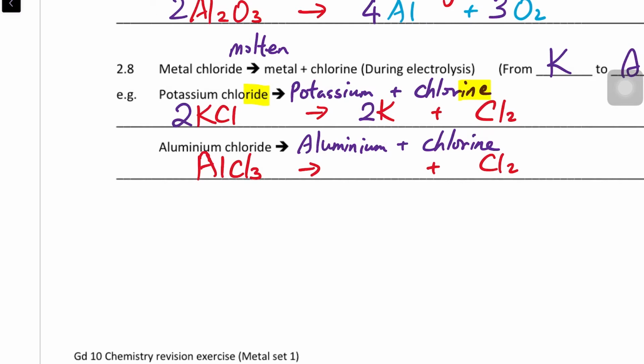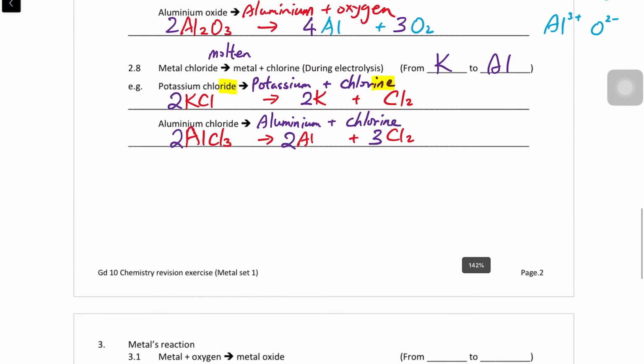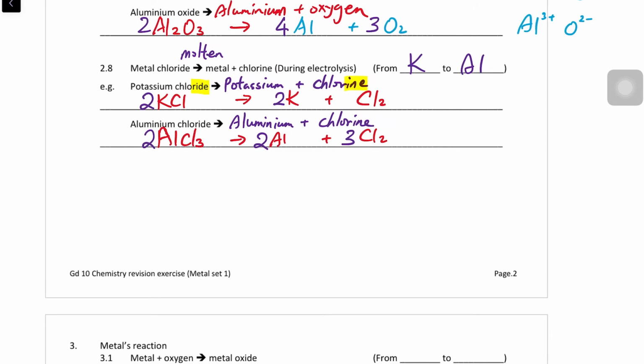For the aluminium chloride, the case is similar. We multiply the aluminium chloride by 2, and hence we got 3 chlorine molecules and 2 aluminium metal. So this is how we extract those extremely reactive metals by electrolysis of the molten ore.